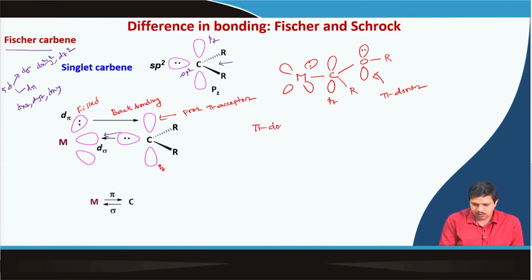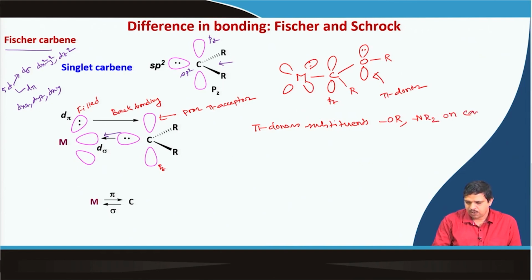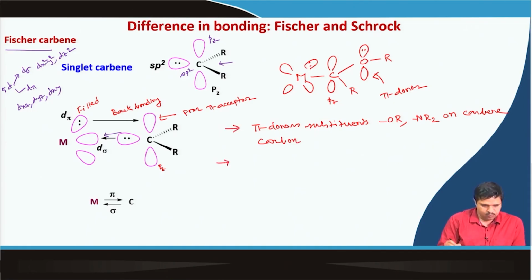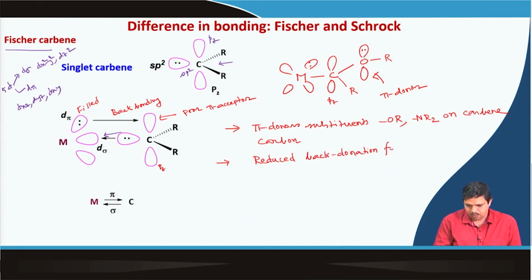So pi donor substituents like OR and NR2 on the carbene carbon are essential, and there is reduced back donation from the metal d pi orbital to the pz orbital of the carbon.